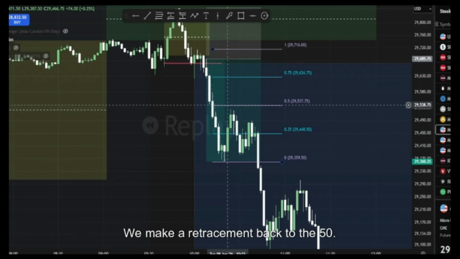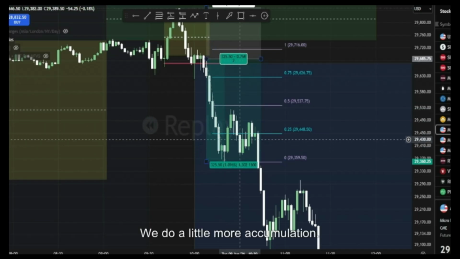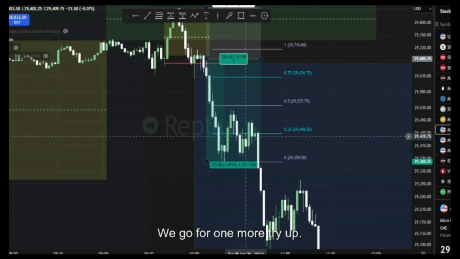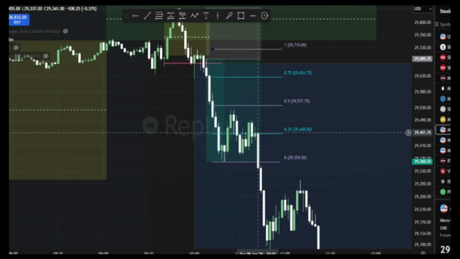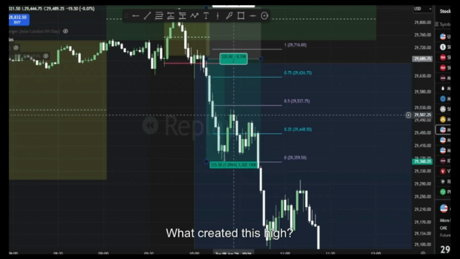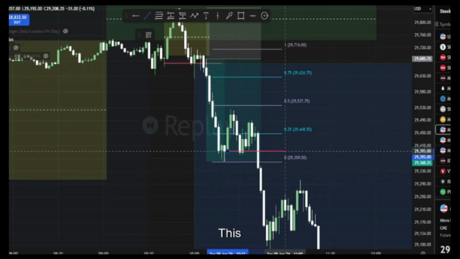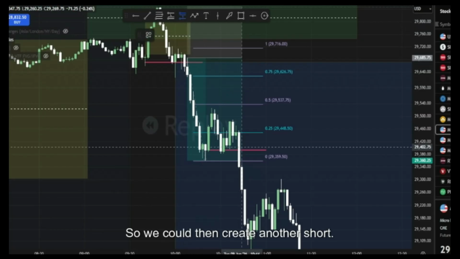We make a retracement back to the 50, we come back down, we do a little more accumulation, we go for one more try up, we fail to take the previous high, and then we close below. What created this high? This right there. So we could then create another short.